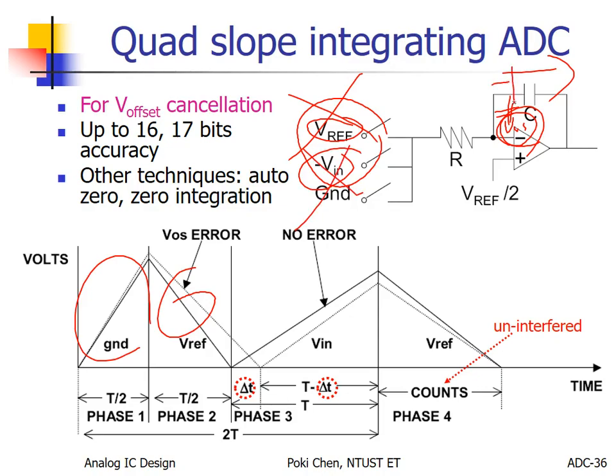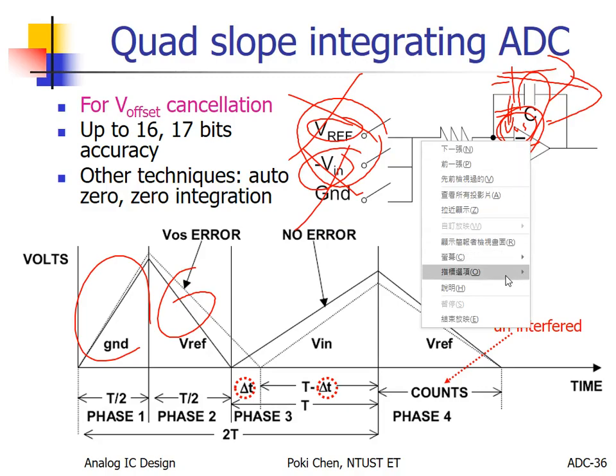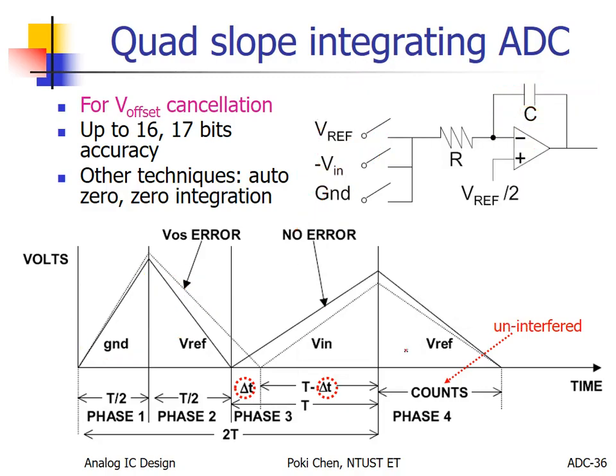According to the superposition principle, it will always charge your capacitor. On the contrary, if it is negative, I don't care whether you are charging or discharging, you get the same impact, discharging. Charging or discharging means what? It will cause extra error, whether it is positive or negative.